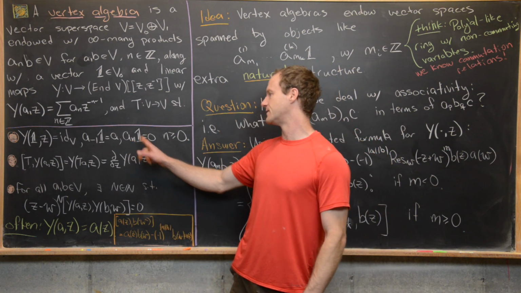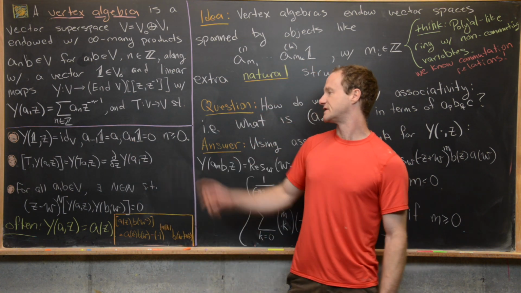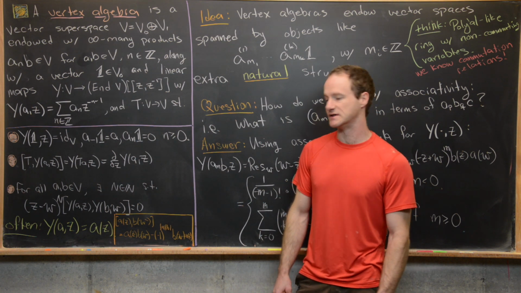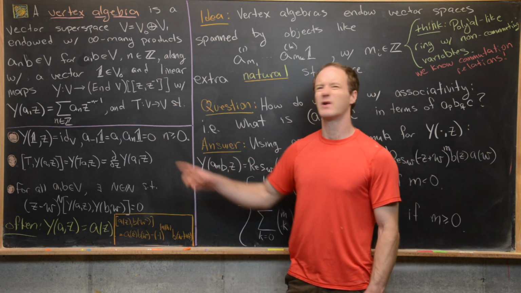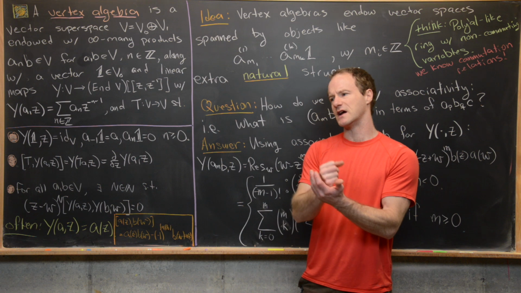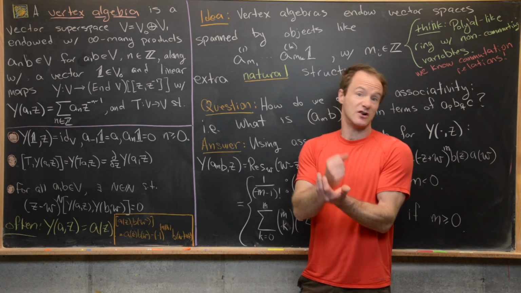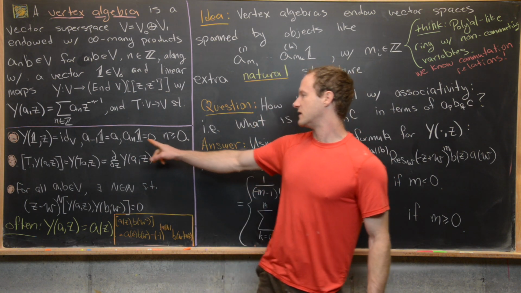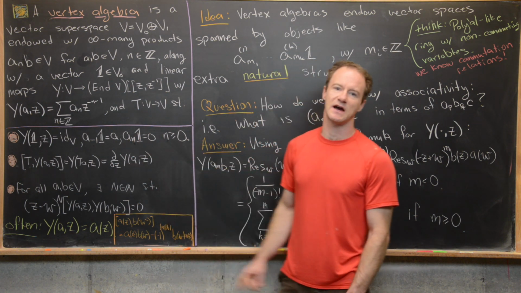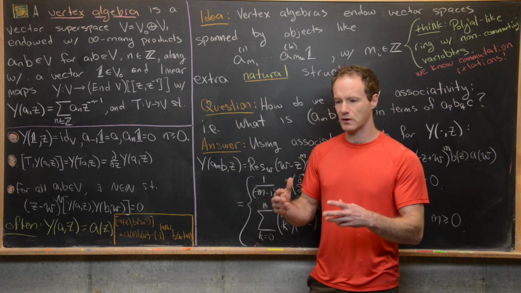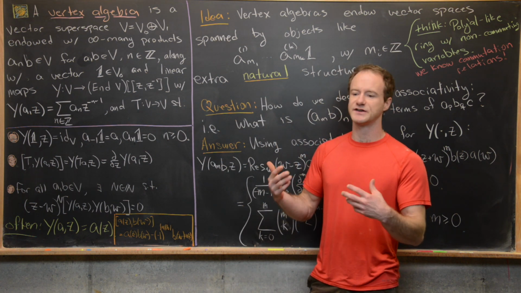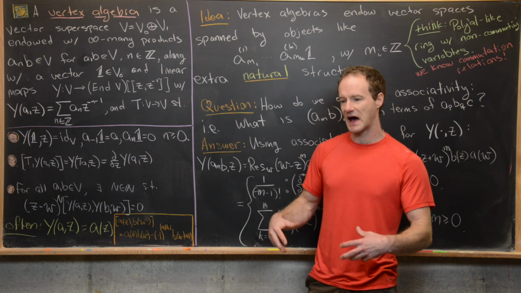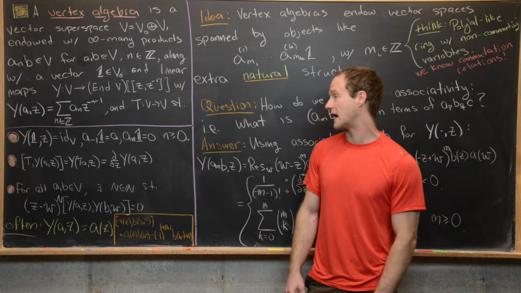And then A sub n of 1 is equal to 0 if n is bigger than or equal to 0. Here we want to think about the vacuum as being the lowest energy state. Anything with a non-negative mode, as we sometimes call these, would lower that energy state past the lowest energy. So there's nothing down there.